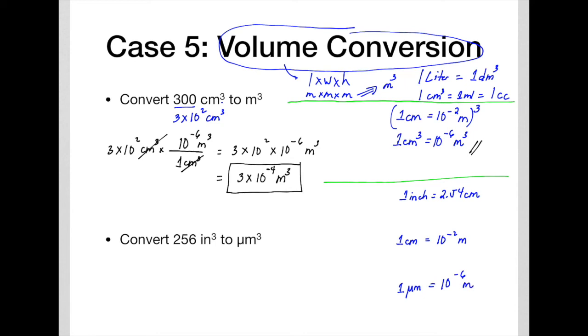So again, we simply have to cube it since we're talking about volume, and what we're converting is in cube.